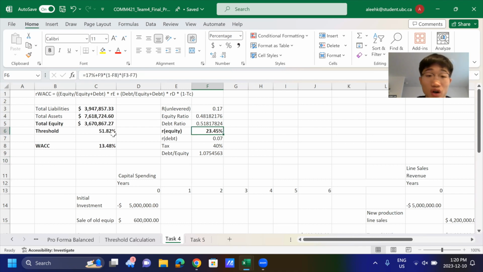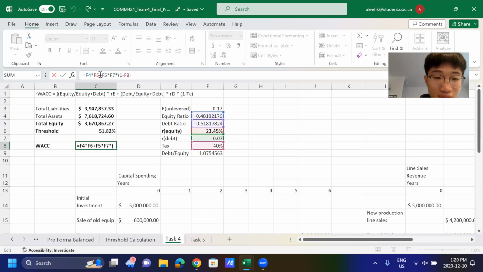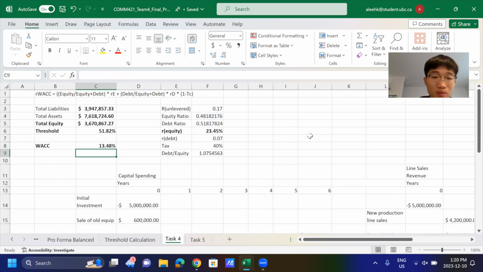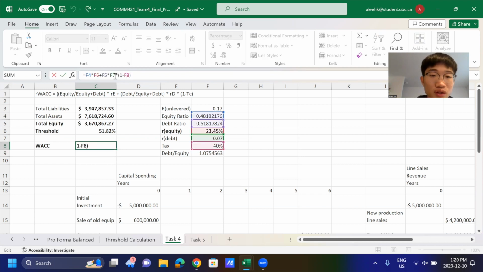And after acquiring R of equity, we plug this into the WACC formula, as you can see here as F6. And with this formula, we could easily calculate the WACC to be 13.48%. And as for here, we also used the equity ratio and debt ratio, right?